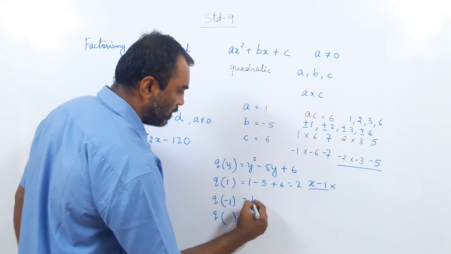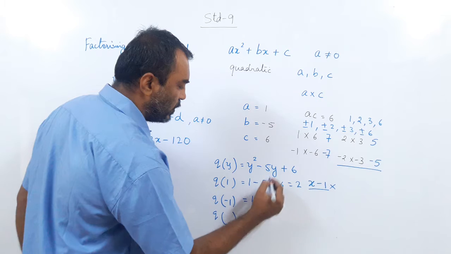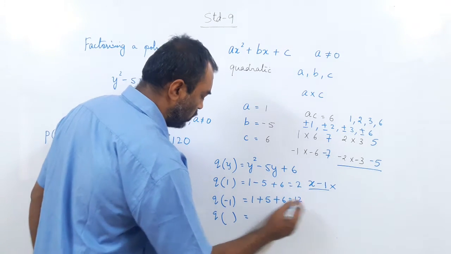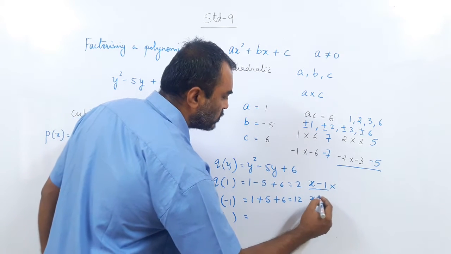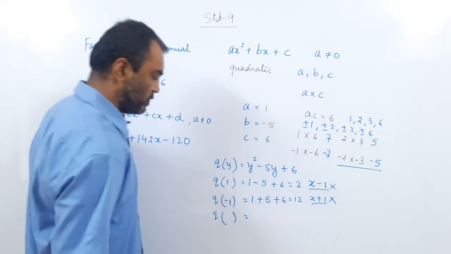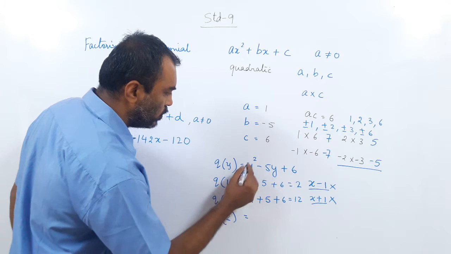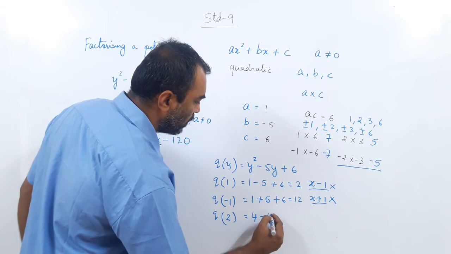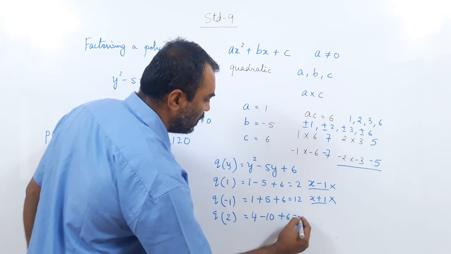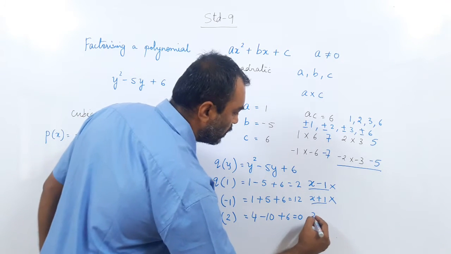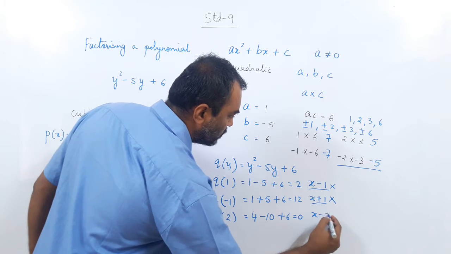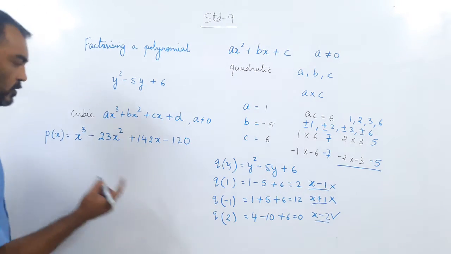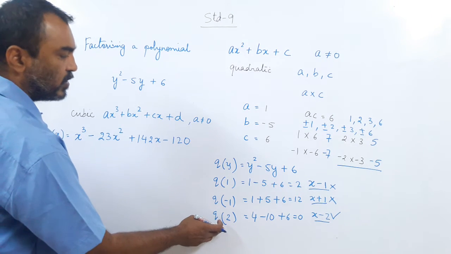Minus 1 square is 1, minus 5 into minus 1 becomes plus 5, plus 6 gives me 12. So x plus 1 is not a factor. Let me try 2. 2 square is 4, minus 5 into 2 is minus 10, plus 6 equals 0. So I got x minus 2 is a factor. Clear?